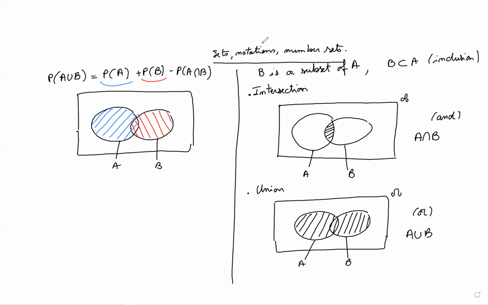But the problem is, you have counted this twice, once with the blue part and once with the red part. So you have to subtract it in order to count it only once. So if you make a drawing, everything about the sets is really quite simple, quite natural.